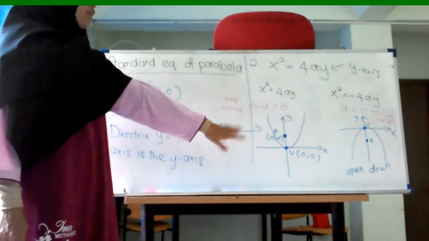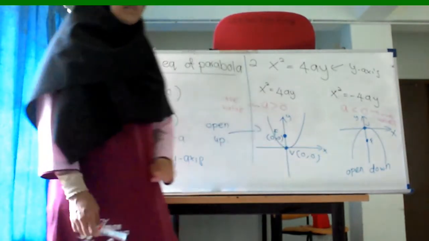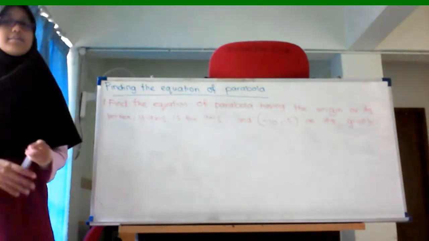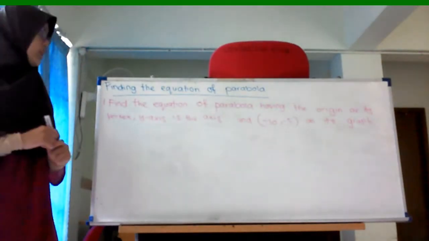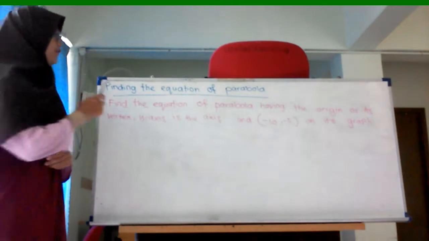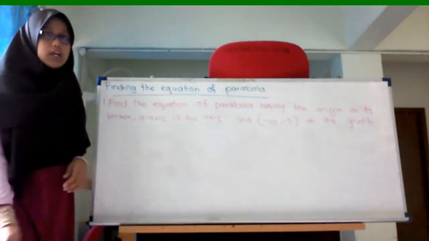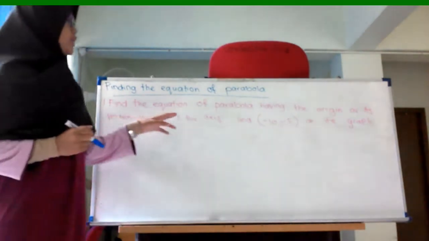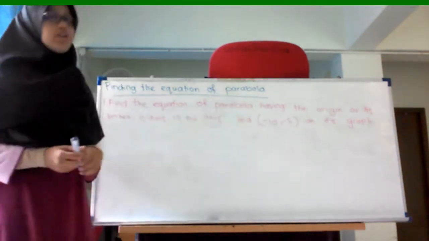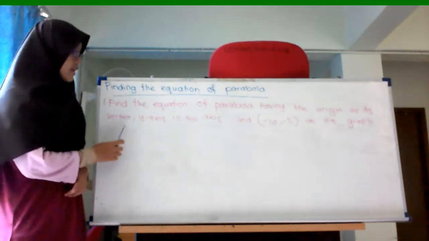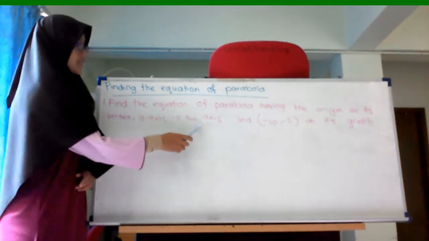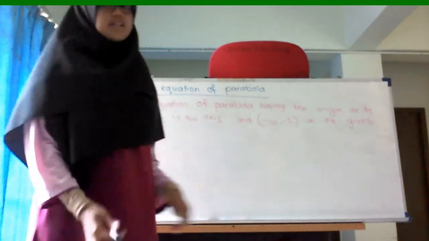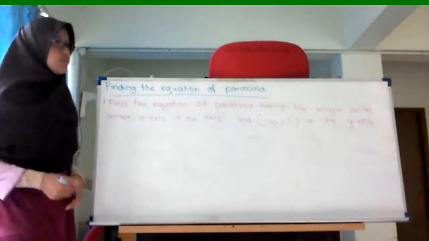Here is an example question of parabola, where we need to find the equation of the parabola. The question: find the equation of the parabola having the origin at its vertex and the y-axis as the axis, and the point negative 10, negative 1 on its graph. From this question, we need to list out the information given.